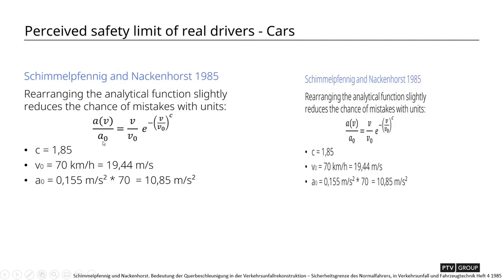Whereas when you write this function in this form, you have these 2 constant factors, A0 and V0. You just recalculate the 70 kilometers per hour to miles per hour or meters per second, and then you can use the formula with values in units of your preferred choice.